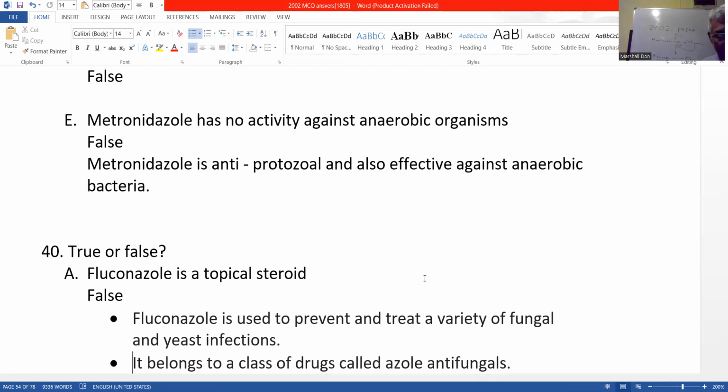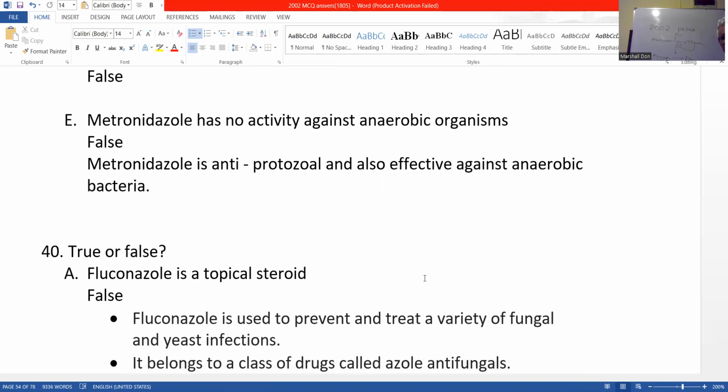That is false. Metronidazole is active against protozoa. That is amoeba, Entamoeba histolytica, that is amoebiasis, Giardia lamblia, then Trichomonas vaginalis. All these protozoal parasites are killed by metronidazole.